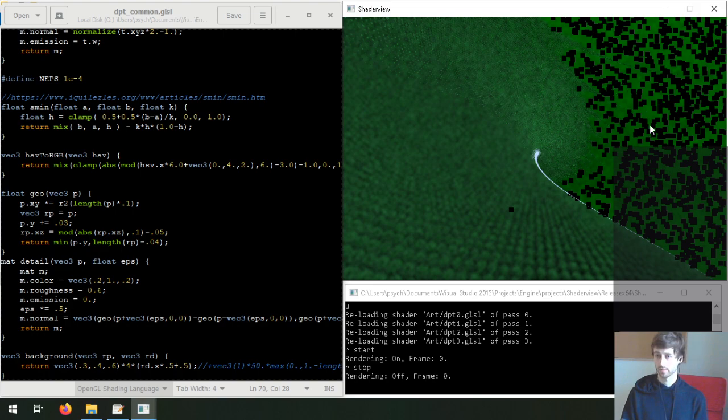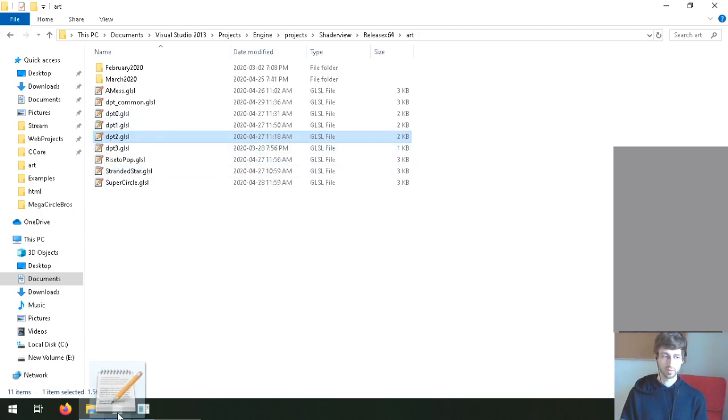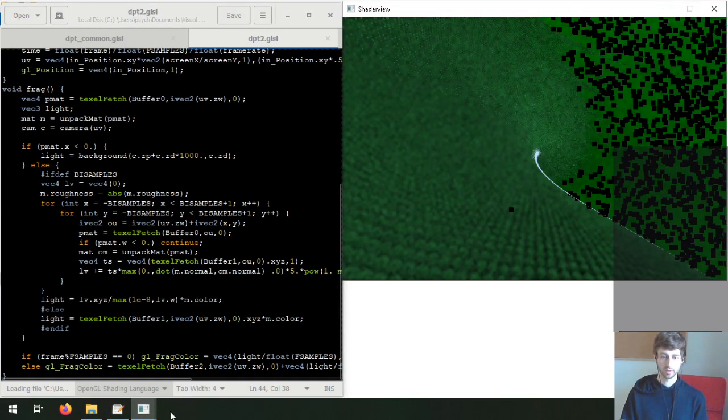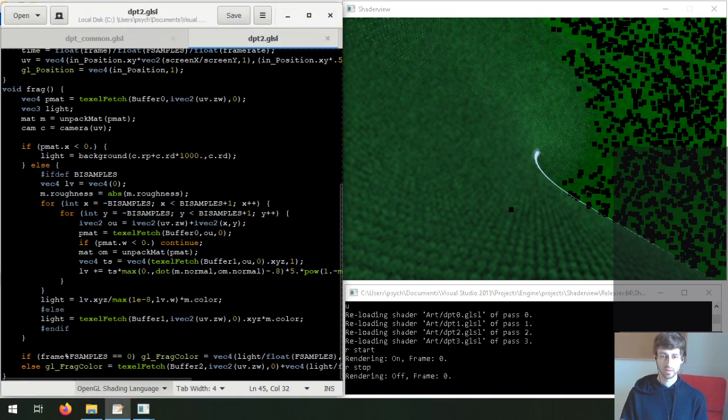Oh god though. Yeah, if the normals are broken, then that breaks this part, the path tracer. Hold on, I'm gonna fix that. I think if the normal is broken, then we can just straight up add this.